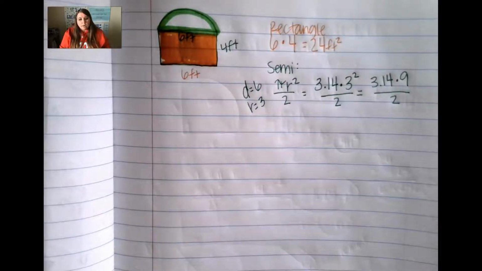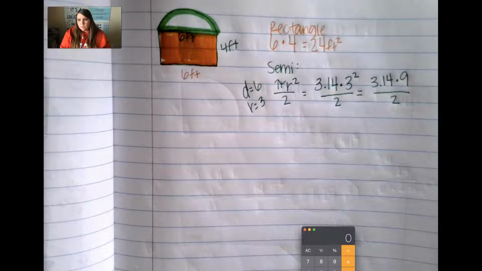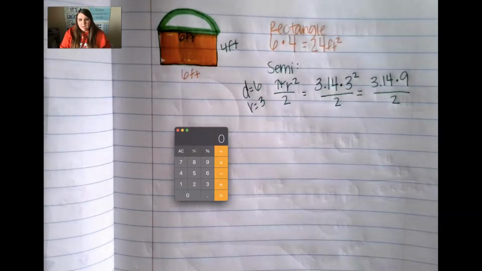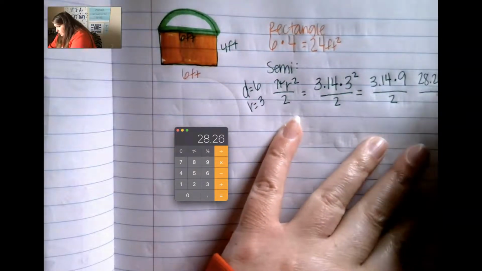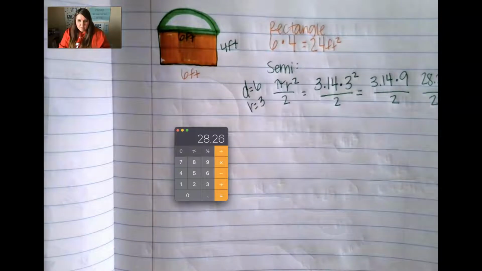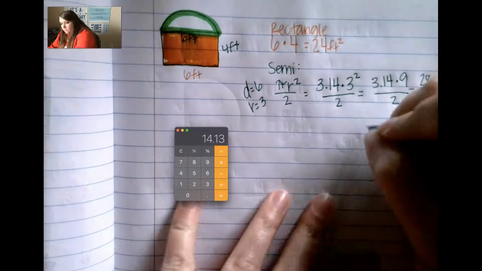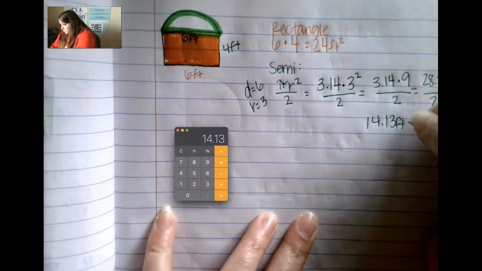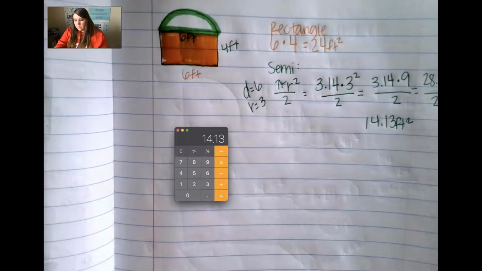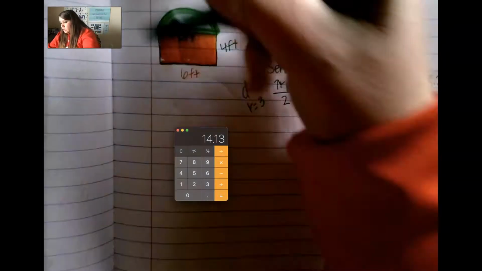Okay, so we are going to multiply 3.14 times 9, and that gives us 28.26, divided in half, divide by 2. And that gives us 14.13 feet squared.